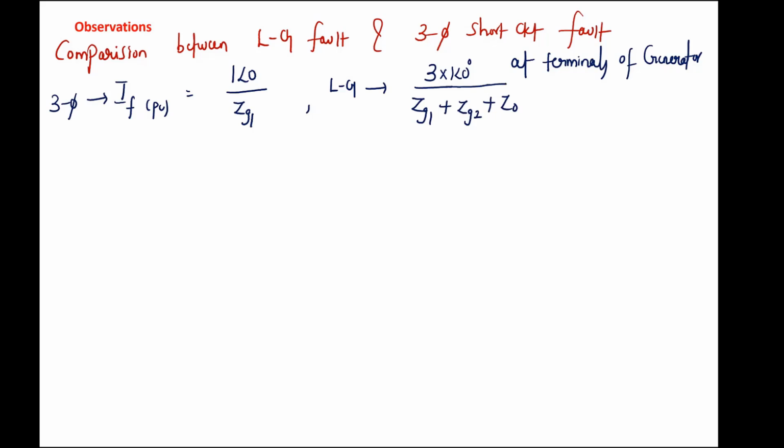So this is the fault current in case of a three-phase fault, and this is the fault current in case of a single line to ground fault. Okay. Suppose the neutral of the alternator or synchronous generator is solidly grounded.